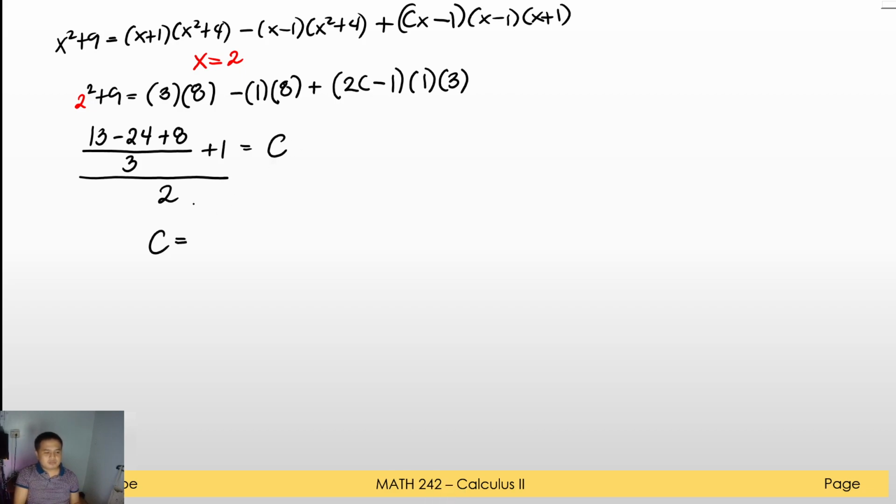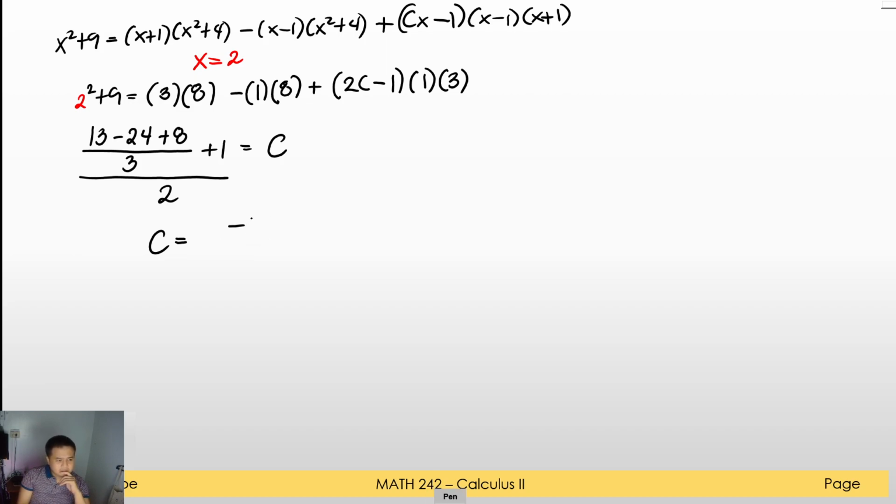So therefore c should be equal to, this is 13 minus 16, and then over 3. So this is negative 3 over 3.